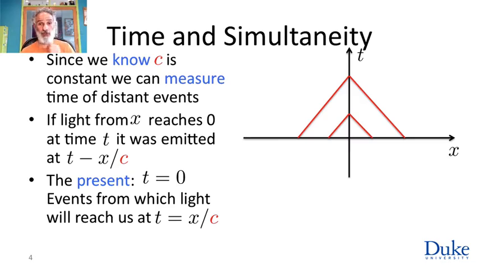So I define what's going on now at the Crab Nebula to be what we will see on Earth in 6,000 years. If I make that definition, then I have an operational meaning of what the present is, at any distance: things happening now are the things from which we will hear at a time related to its distance from us by this expression.